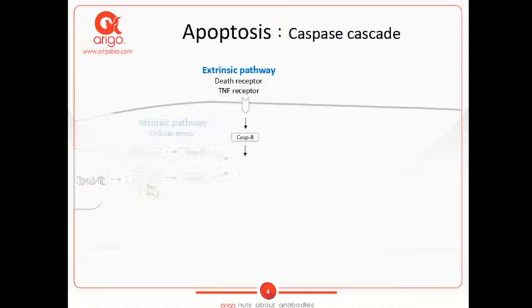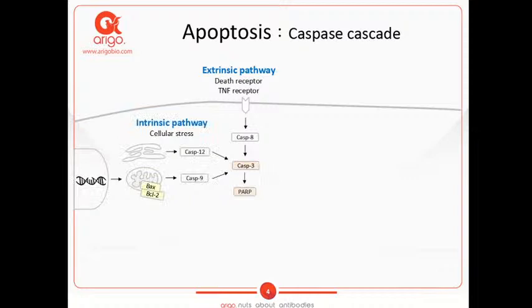The other pathway is the extrinsic pathway. Ligand binding of death receptor or TNF receptor activates caspase 8. Caspase 8 then activates the downstream caspase to induce apoptosis.